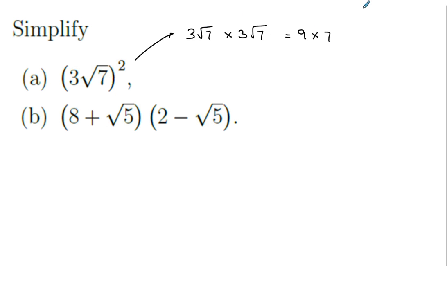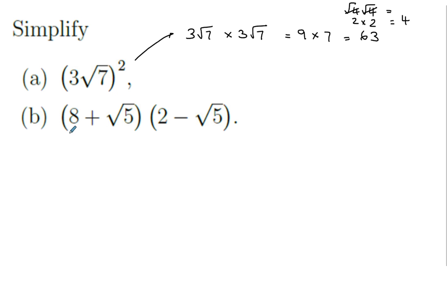Remember, a surd times itself always comes to the number, because if you had surd 4 times surd 4, that would be 2 times 2, and that would give you 4. The surd is just a posh square root. And that would give you 63.